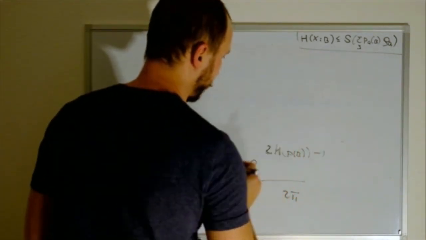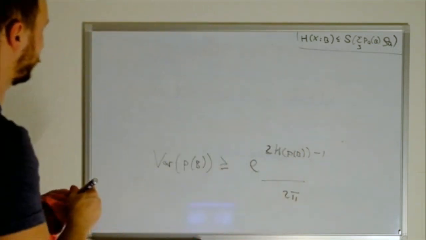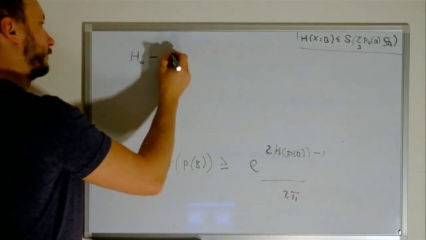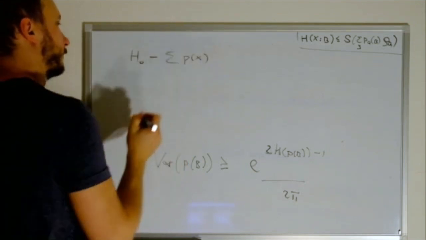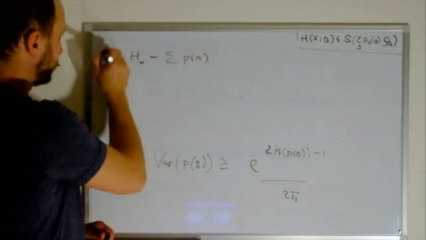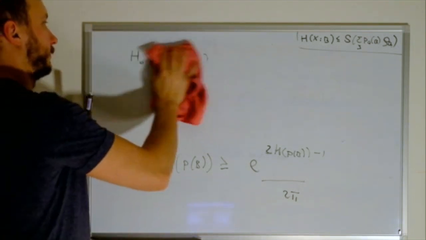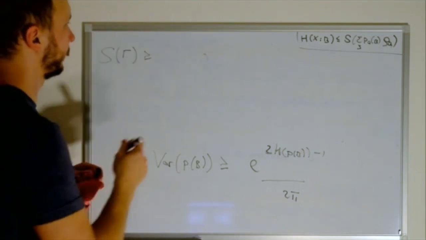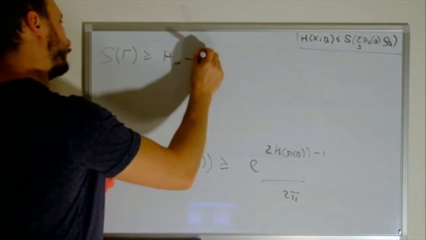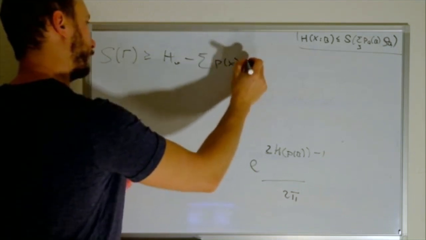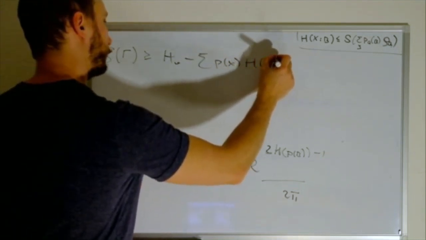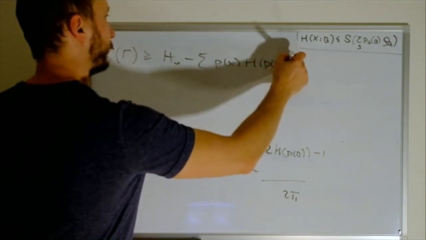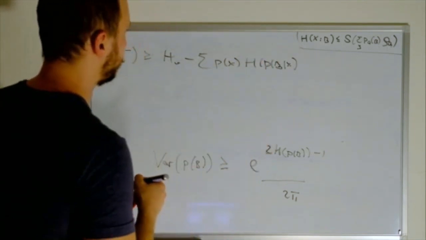Why is it like this? Because you remember we had a bound on H0 minus the sum of p of x, H of p of b conditional to x. So this quantity S of gamma is bigger or equal than H0 minus the sum of p of x H of p of b.